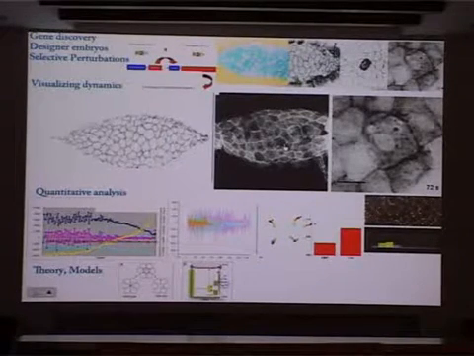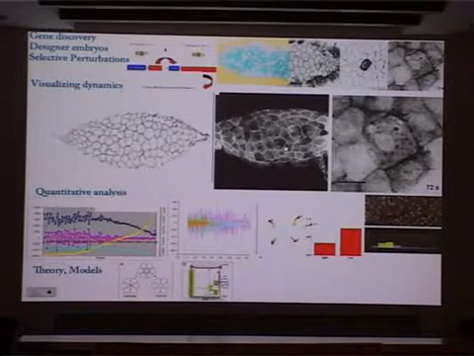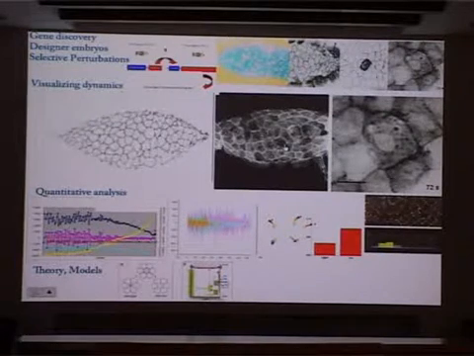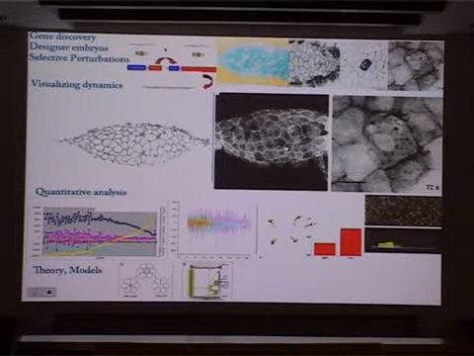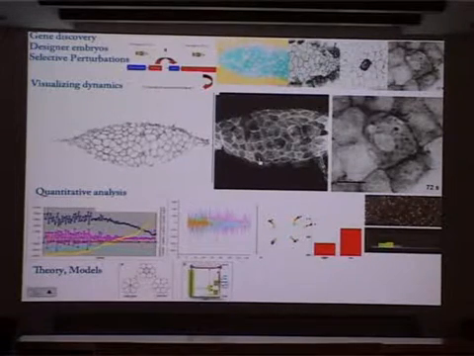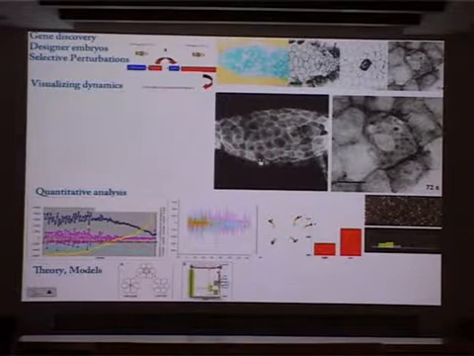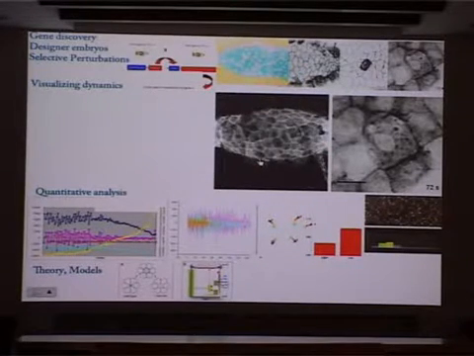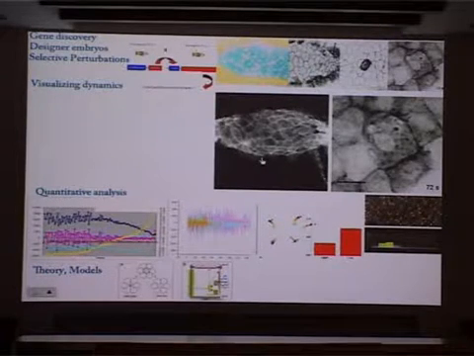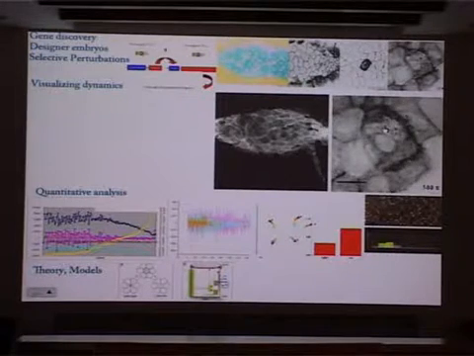So at each time point, what you're seeing is a two-dimensional projection of a three-dimensional image. So it does capture all of the information in depth. So we can visualize the dynamics of the membranes. We can visualize dynamics of molecules inside these cells. And at high resolution, you can begin to see movements and streams, and I'll show them to you.